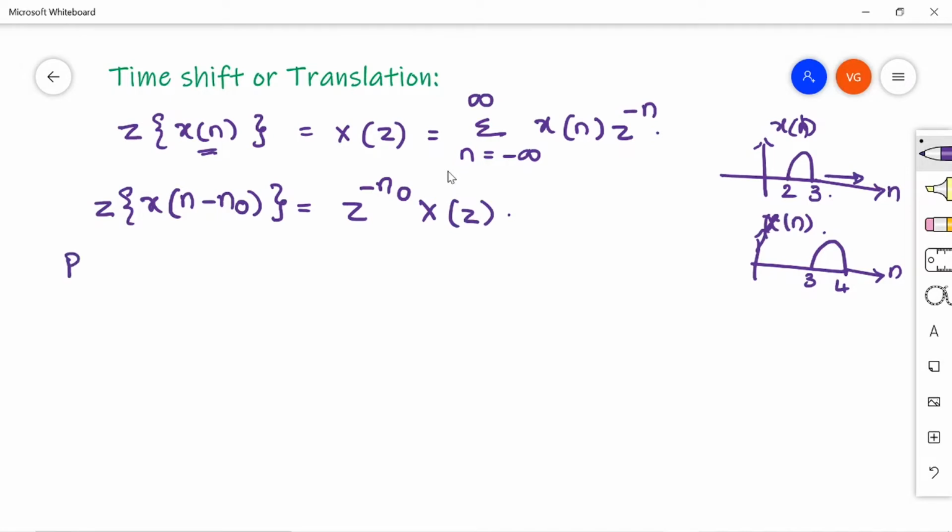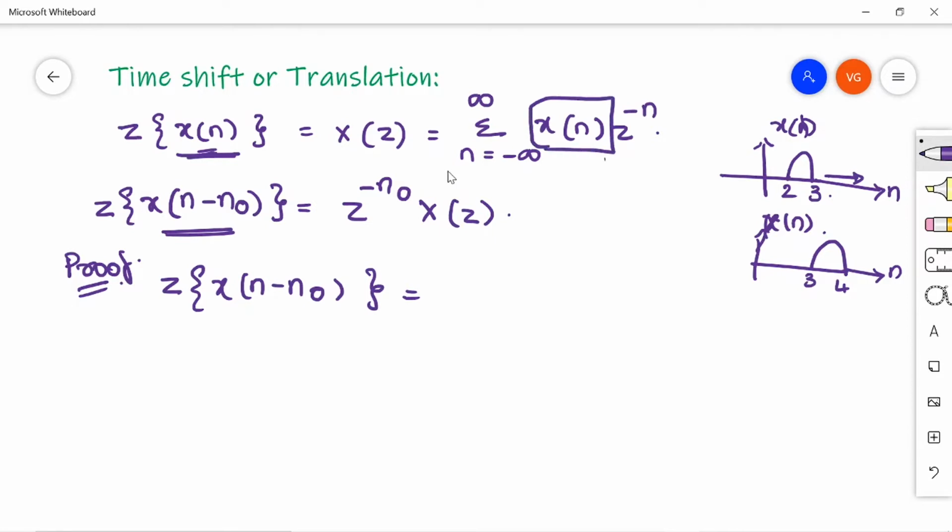Let us see the proof. So coming to the proof part. Now in place of x of n, I have x of n minus n naught. So write it: the Z transform of x of n minus n naught. I am just applying the definition. Sigma, n running from minus infinity to infinity, x of n minus n naught z power minus n.